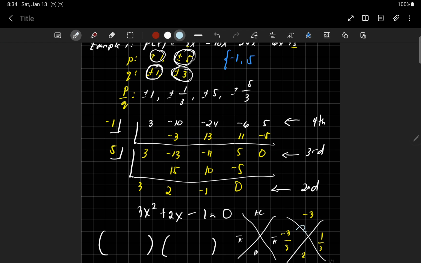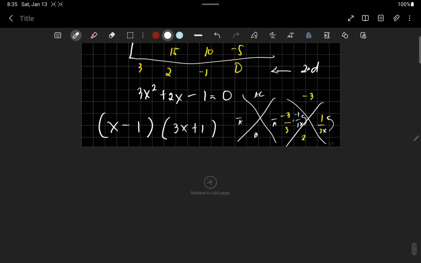Si negative 3 over 3 can be simplified as negative 1 over 1. Then, sa pagsulat ng factored form, maglagay lang ng x sa denominator. From denominator to numerator. So, si negative 1 over 1x, that is x minus 1. Then, si 1 over 3x, that is 3x plus 1.